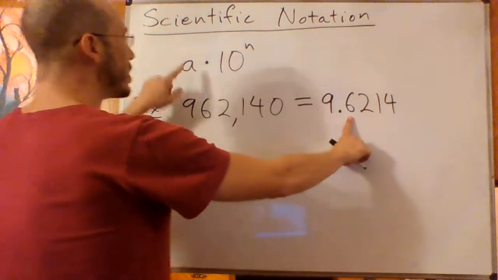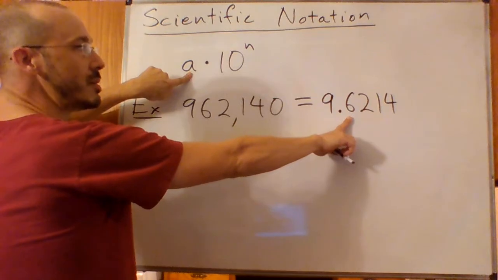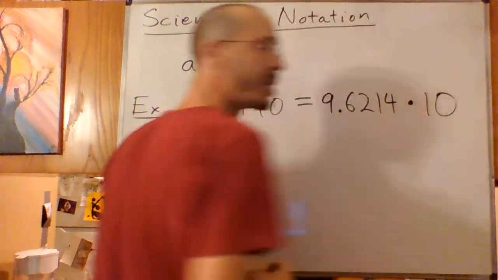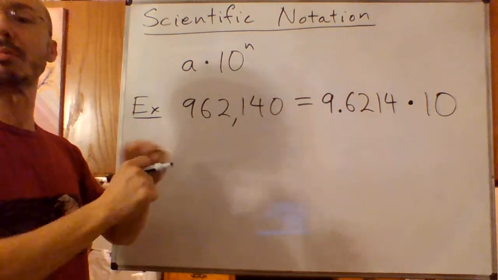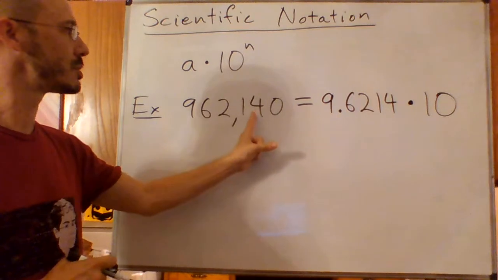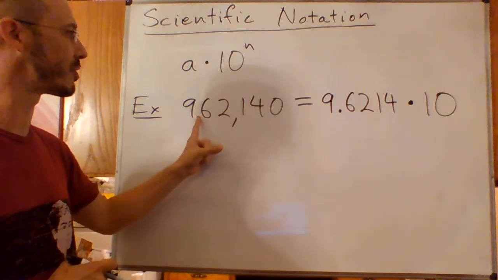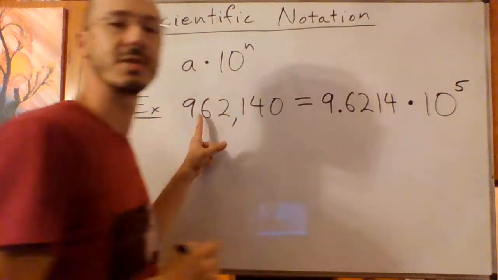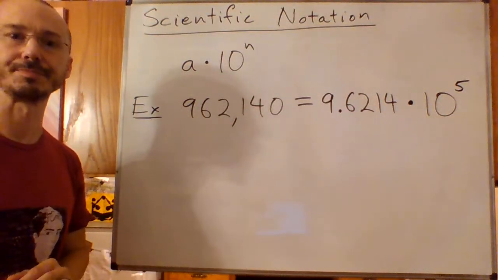This is the number between 1 and 10. And then I need to do times 10 to the, well, it's going to be a positive power because this is a big number. 1, 2, 3, 4, 5 places. I need to move the decimal. So that needs to be 10 to the 5th.